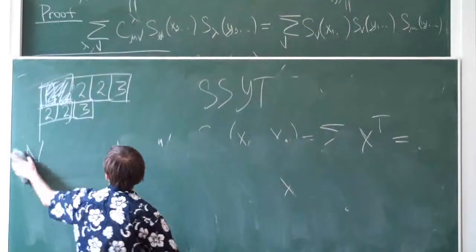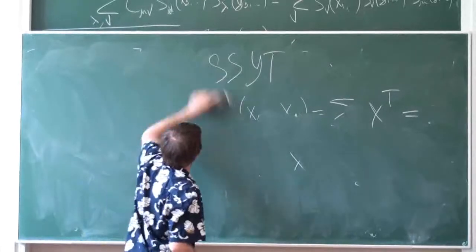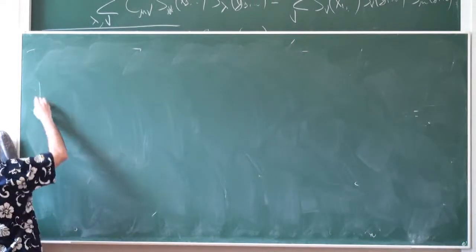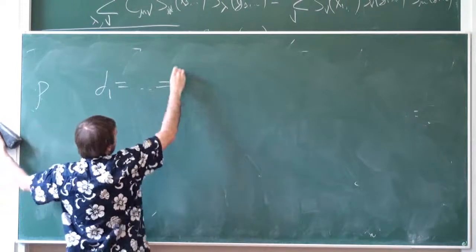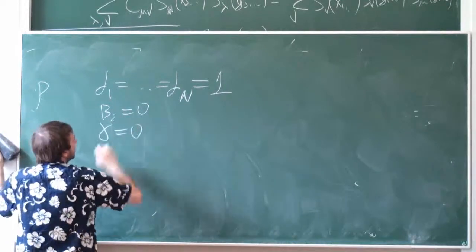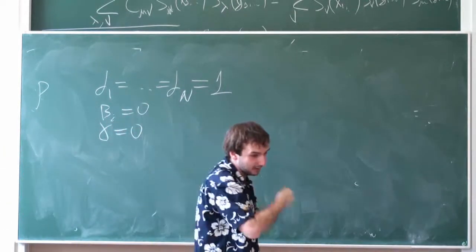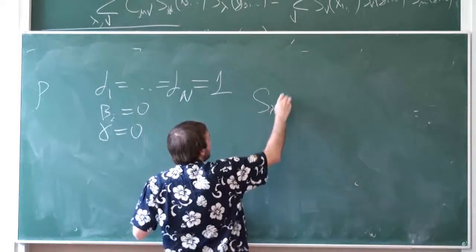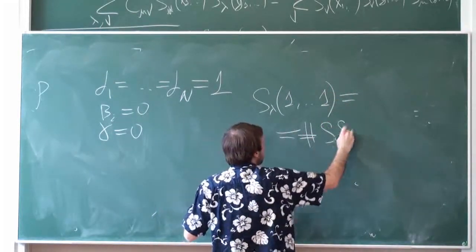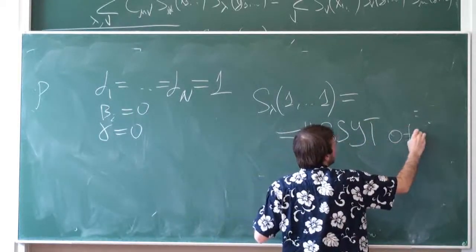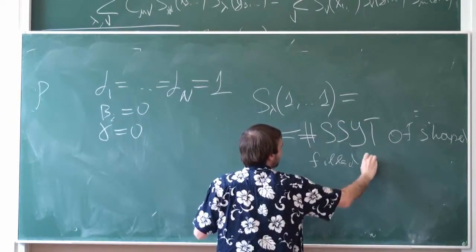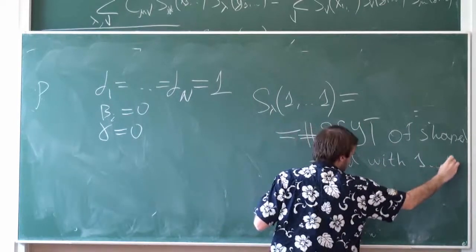In particular, if you consider the following case, you take specialization rho with n parameters alphas equal to 1 and all betas equal to 0 and gamma equal to 0, then from the combinatorial formula we see that S lambda of this number of ones is the same as the number of semi-standard Young tableaux of shape lambda filled with numbers 1 to n.